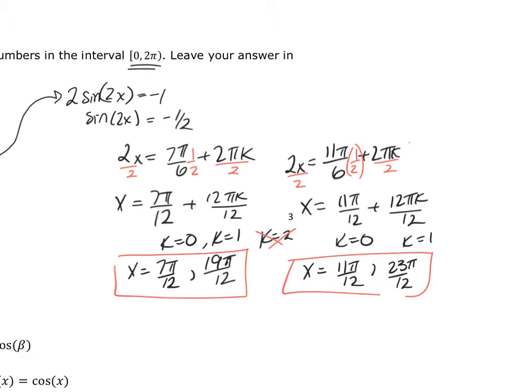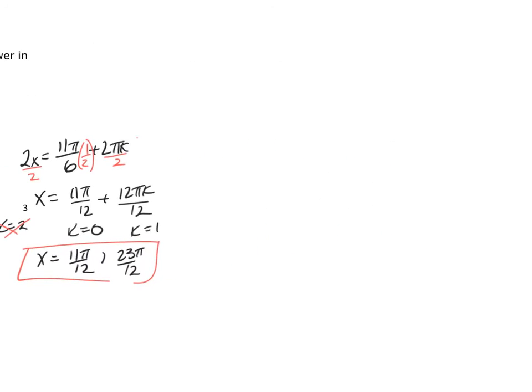So the question is, the reason I did this was because my angle wasn't just x. Now, if my angle would have been just x, so let's just do it as just x. If I would have just had the sine of x equal to negative 1/2, my angle here is just x, or just alpha, just beta, just y, whatever it is as my variable.